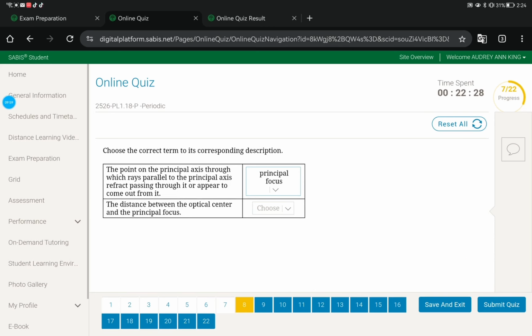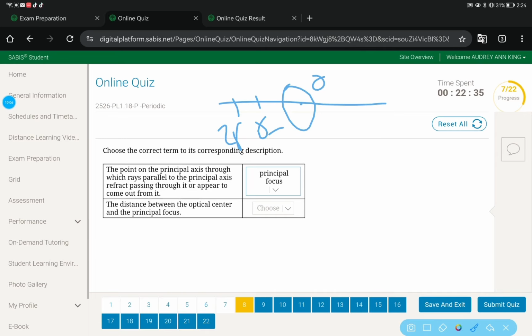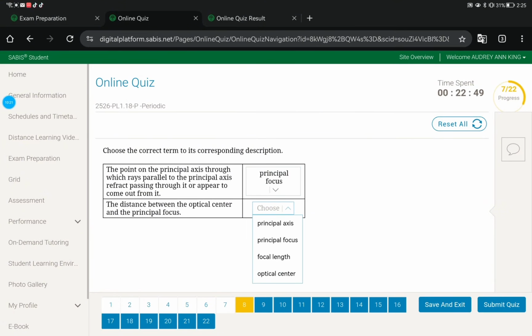So that's basically where the principal focus is. Now also on this diagram, the length from the optical center, which is here, to the principal focus here, is called the focal length.